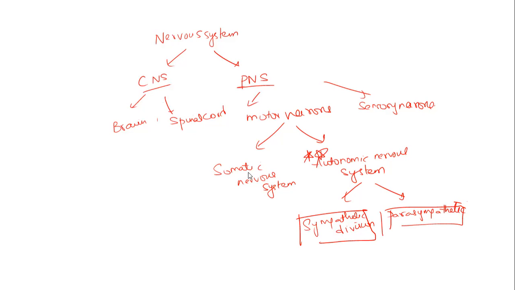And motor neurons are of two types. They consist of somatic nervous system and autonomic nervous system, and autonomic nervous system is further divided into sympathetic division and parasympathetic division.